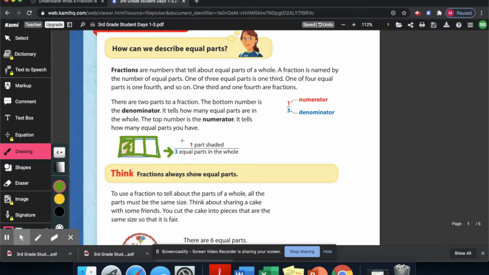That's how many you have. They put the 1 on top. Now, if you look over here, they went ahead and labeled the numerator and the denominator and made the fraction 1/3. That same rectangle picture represents 1/3. You have 1 shaded part out of 3 equal parts that make that entire whole.